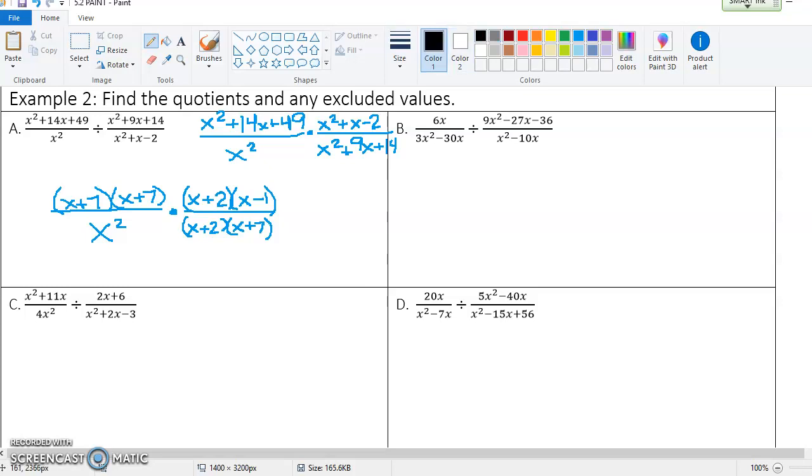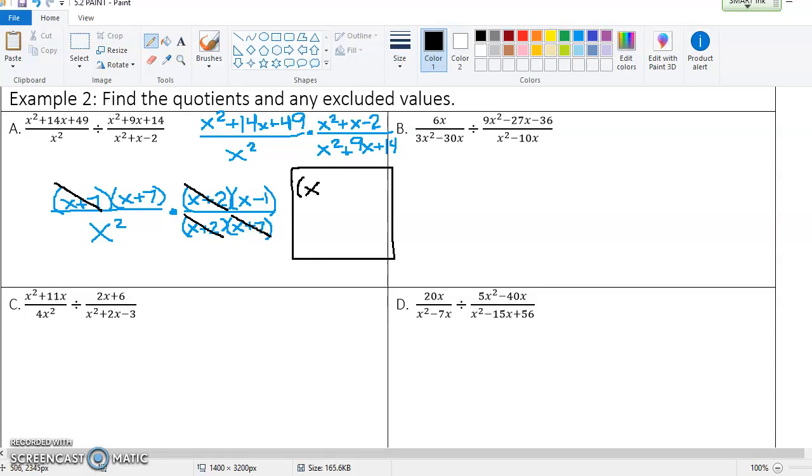All right, so we look over here, x plus 7, and you see by writing it separately, what ended up happening is now we recognize that there's still one of them there. Okay, so you're not wrong if you didn't do it that way, but that's what I would do. All right, then we go over here, that cancels. So my final answer, and I'm running out of room for my excluded values, but that's okay.